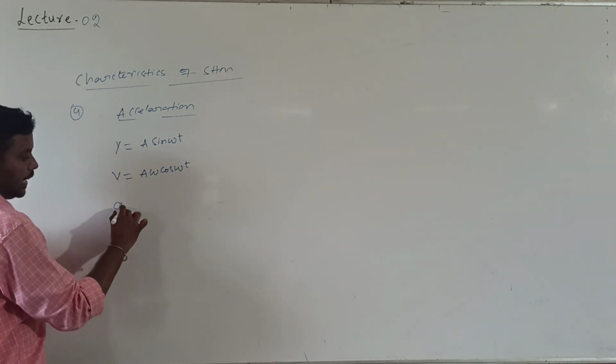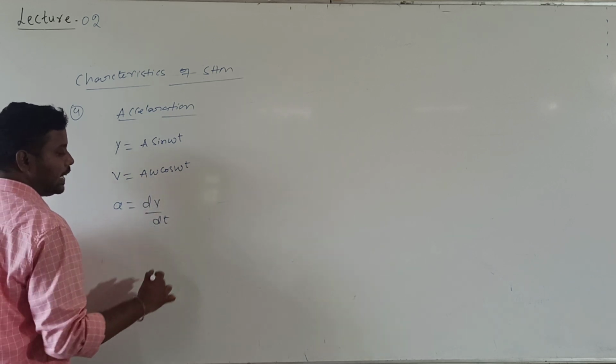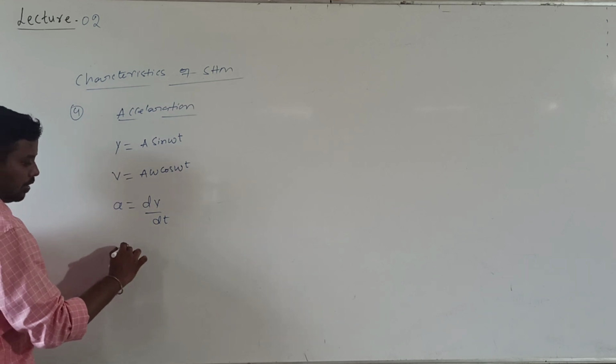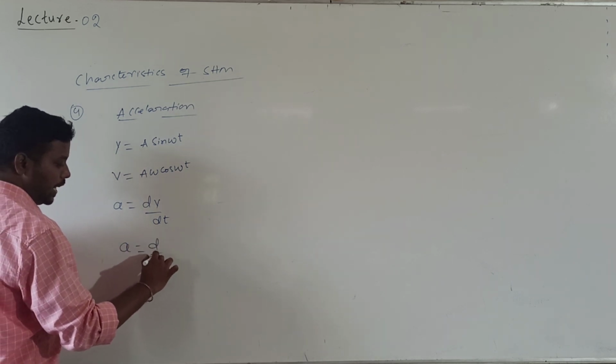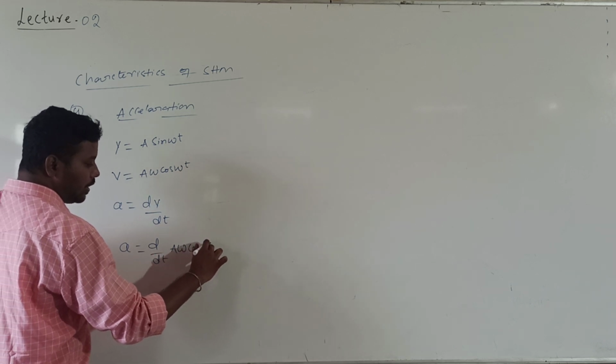If I want to calculate instantaneous acceleration, you know acceleration is the rate of change of velocity. Then I get d by dt of a omega cos omega t.